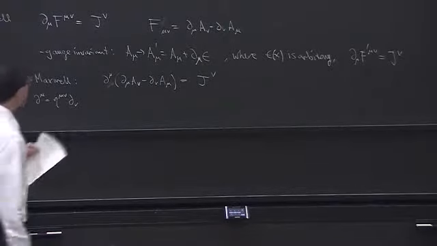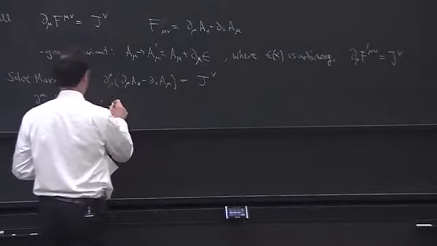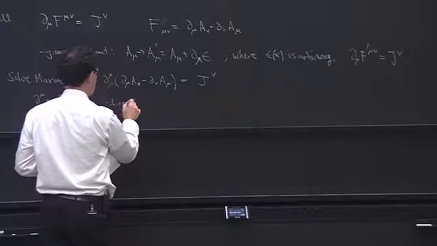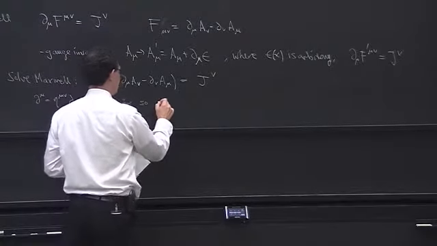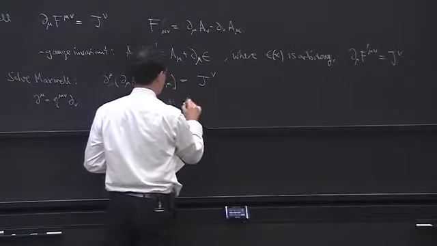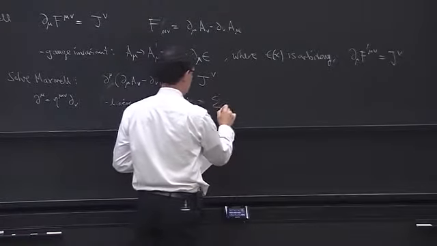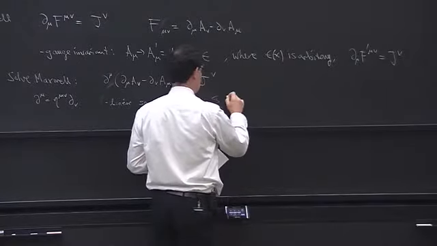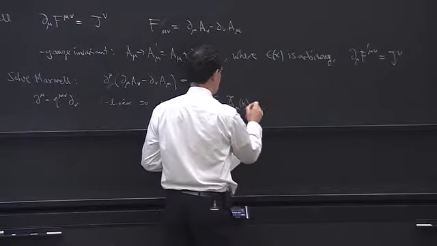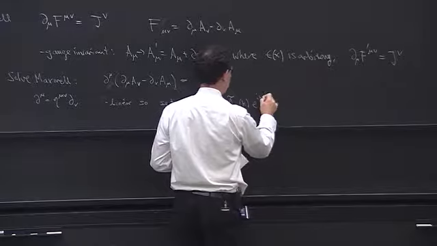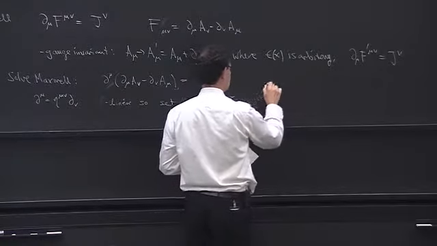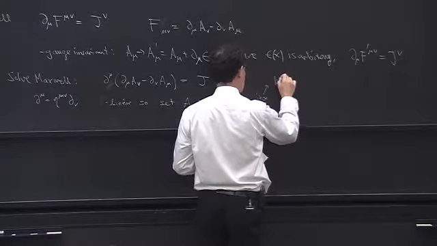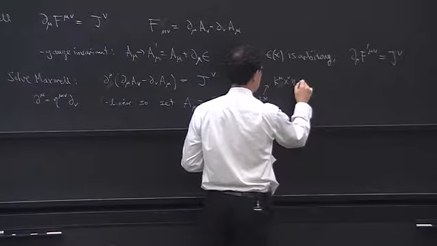Now, it's linear, so we can Fourier transform. We're going to set A mu equal to a sum over k of A mu tilde of k e to the i k dot x. And this means k dot x is k mu x nu eta mu nu.